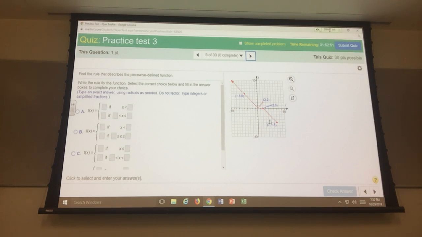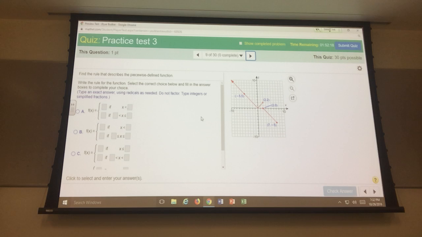So now we have to figure out which of these options we have. What section of the graph is the absolute value on, domain-wise? Negative infinity to 2. Inclusive or not? Not inclusive, because it's an open circle for the absolute value portion. So that means it's when x is less than 2.